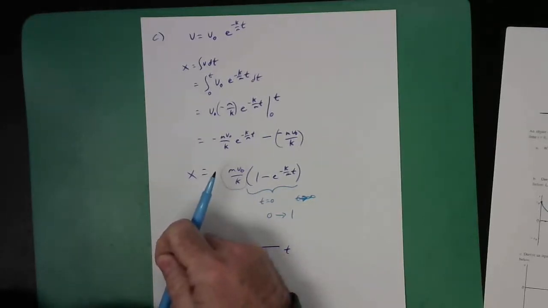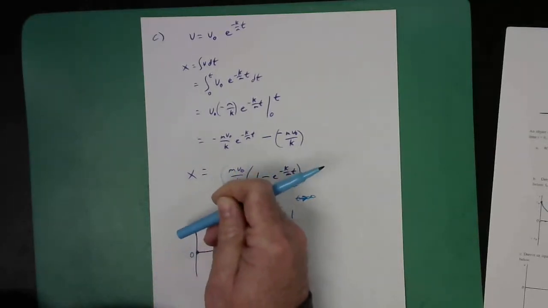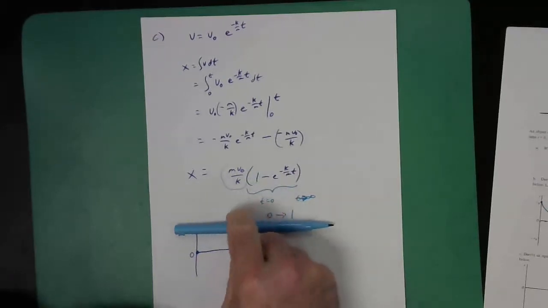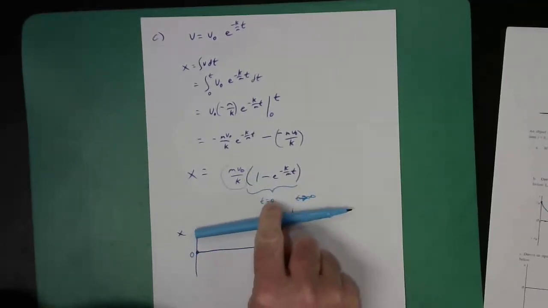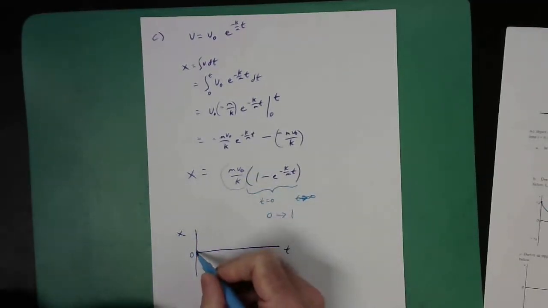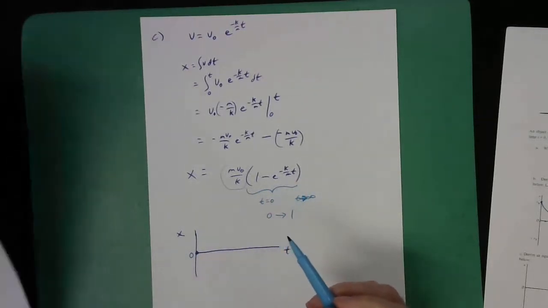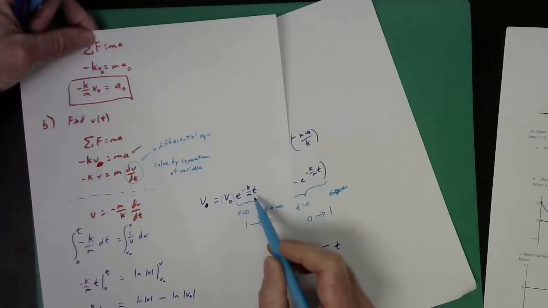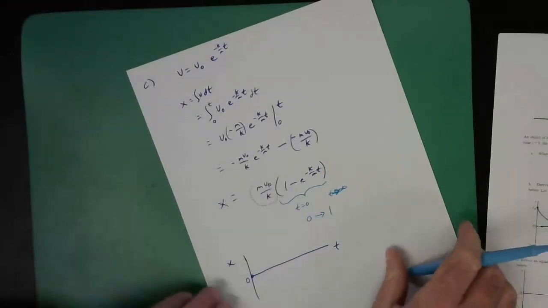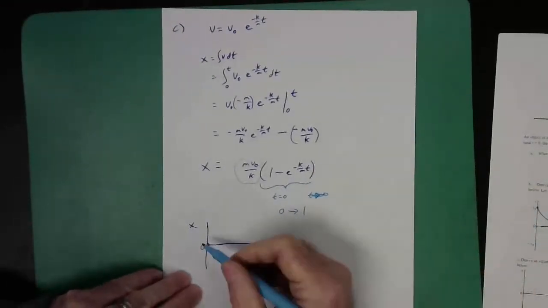So as I get slower, my velocity gets smaller, my slope gets smaller, smaller, smaller. If the slope got to 0, that would mean my velocity was 0 and I'd be stopped. It's never quite there. Time would have to be infinite for that velocity to actually go to 0. But it'll be moving so slowly that you can't tell the difference. So it's going to do one of these.